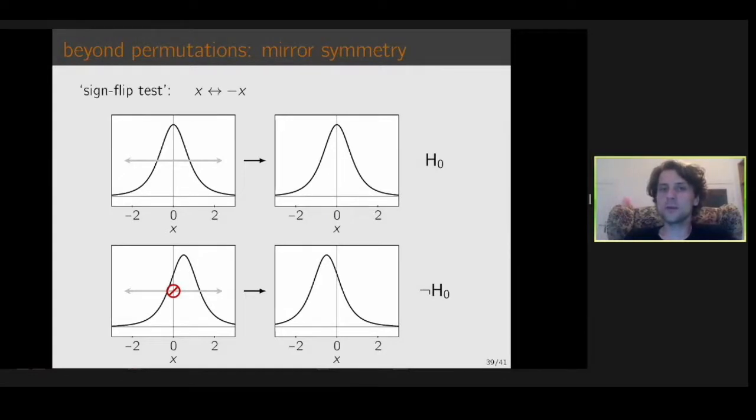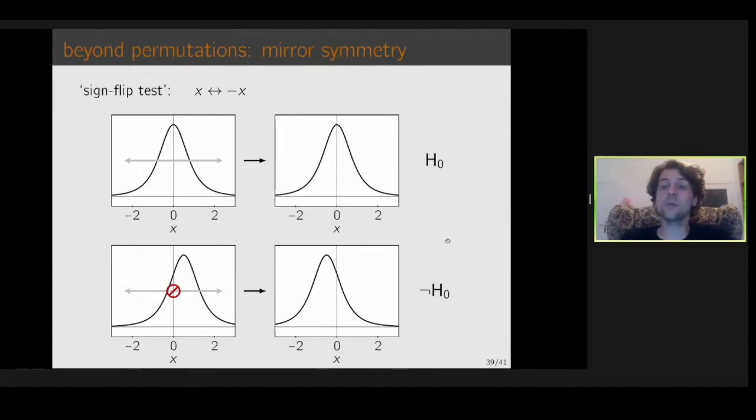So the solution is instead to apply a sign flip to the data points, which again refers to the null hypothesis. Because under the null hypothesis, the data are symmetric around zero, so that flipping the sign of your data points does not change the joint distribution of the data, which however is the case if the null hypothesis is not true.